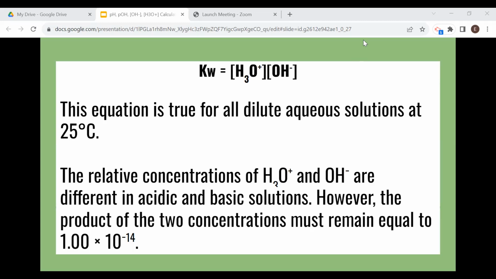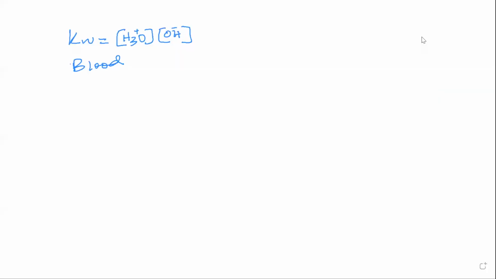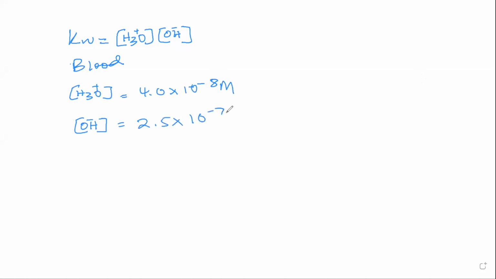So we can look at that. If we have a blood sample, like in that simulation, the hydronium ion concentration is 4.0 times 10 to negative 8. This is molar. Most times it's not written, but that's what this concentration means. And then hydroxide ion concentration is 2.5 times 10 to negative 7.